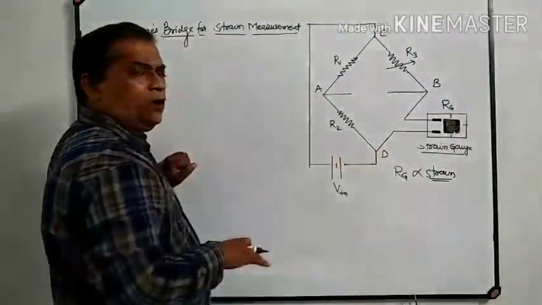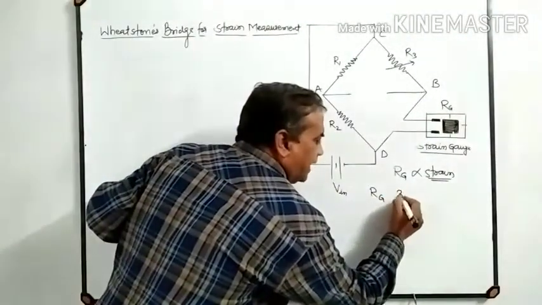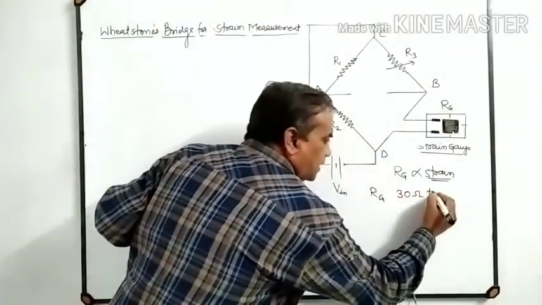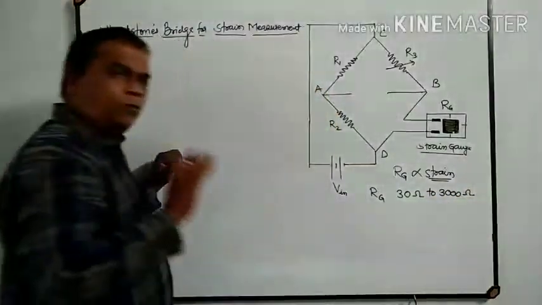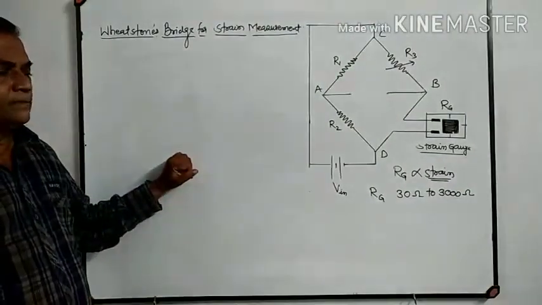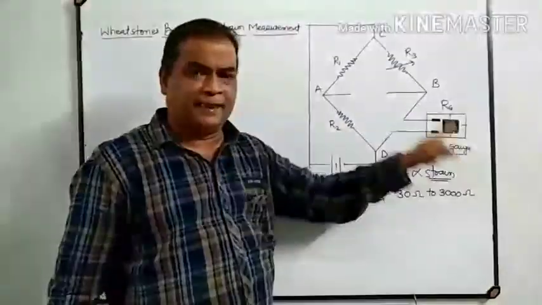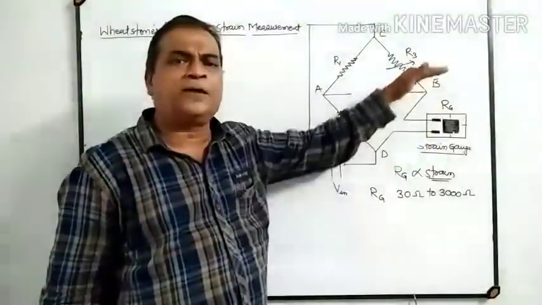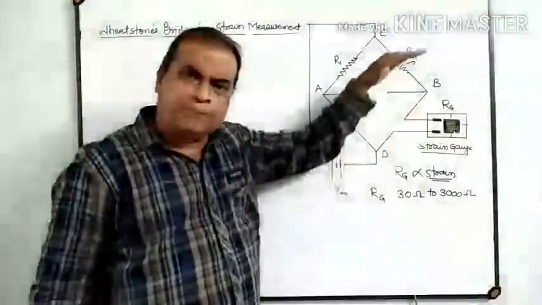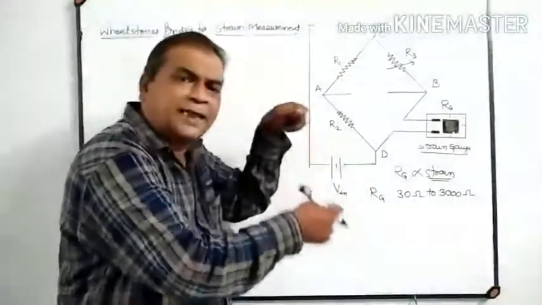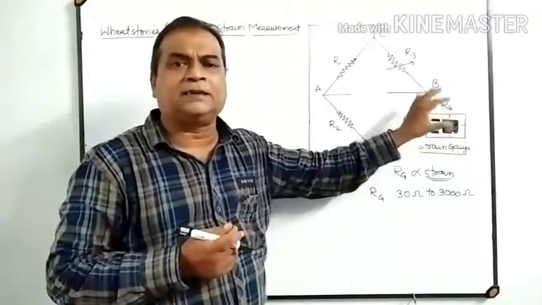When strain acting on strain gauge is varying, then the resistance of strain gauge varies within the limit of 30 ohm to a maximum of 3000 ohm. If a small strain is applied to a strain gauge, if we apply some small force, it means if that device is pressed slightly or it is stretched slightly, in both the case, strain acting on device is small.